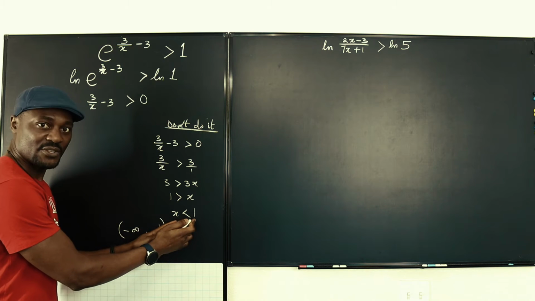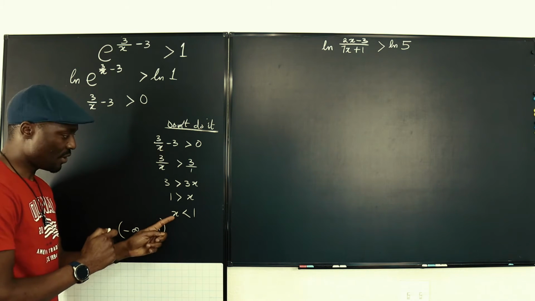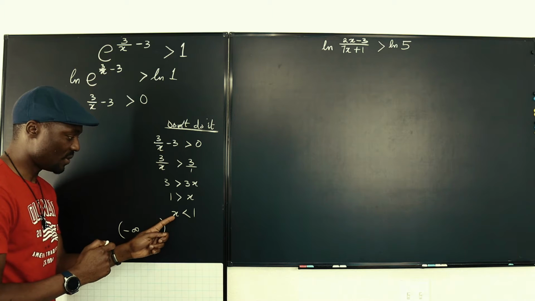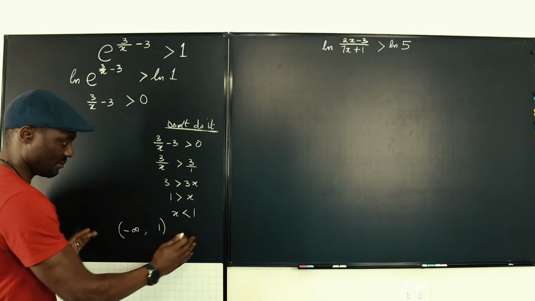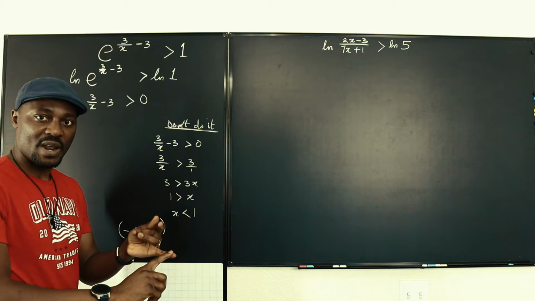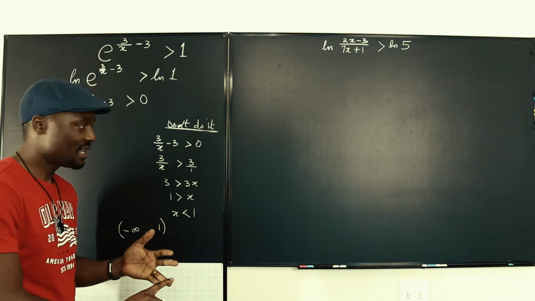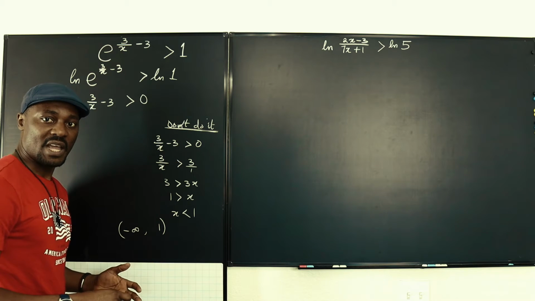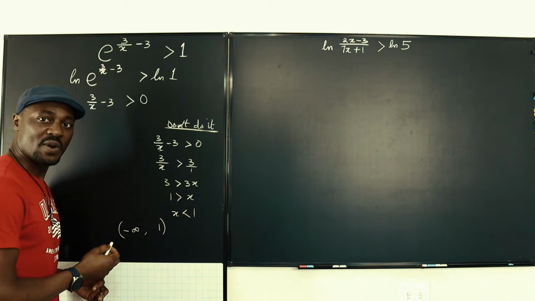But this tells you that x equals 0 can be a part of the answer, because you're dealing with x being values less than 1. So don't do this style of solving inequalities. Firstly, you have to recognize the domain. And secondly, don't do cross multiplication because you're not sure if x is going to be positive or negative.